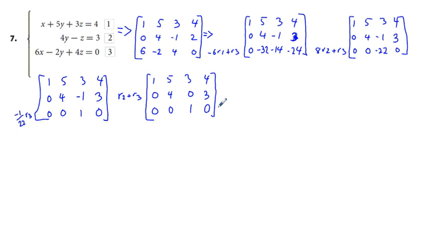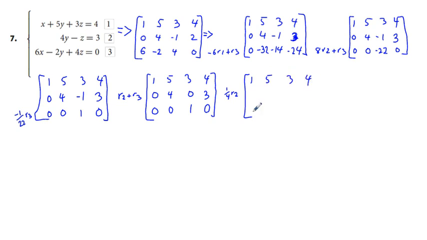The next step we're going to do is take 1/4 of R2, because we're going to get this 4 to be a 1. So we put 1/4 of row 2, and then we're going to bring over row 1 and row 3. So we got 1, 5, 3, 4.